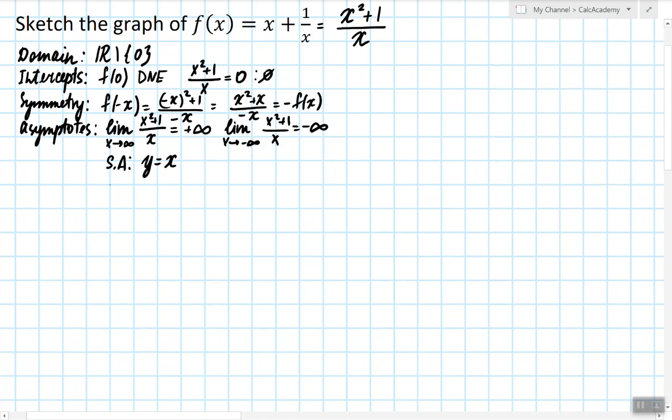Also, we have to check for vertical asymptotes. We have a discontinuity at 0, so we have to look for the limit of this function at 0 on the right and on the left.